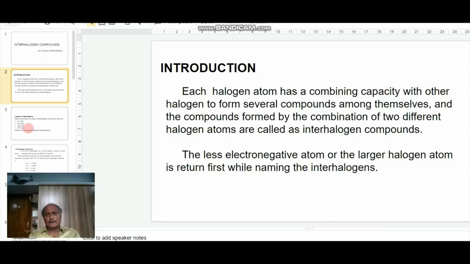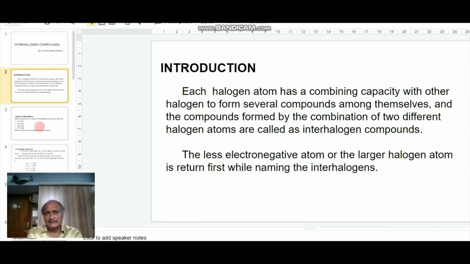So, as we move from fluorine to iodine, the electronegativity value goes on decreasing, or in other words, the size of the elements goes on increasing. It means iodine is a larger halogen atom, whereas fluorine is the smallest halogen atom.